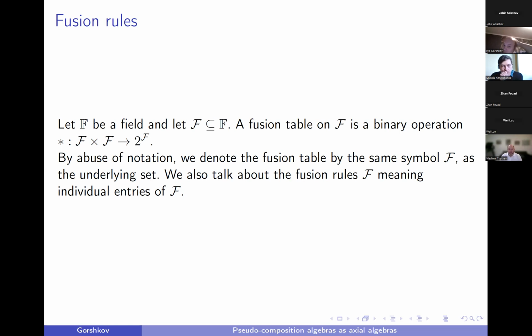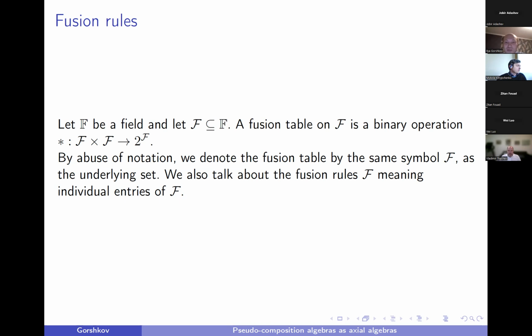First of all, I need some definitions about axial algebras. And this is the next definition. Let F be a field, and calligraphic F be any subset of our field. Usually this subset is finite, a very small finite subset.